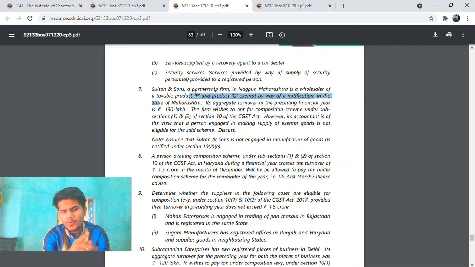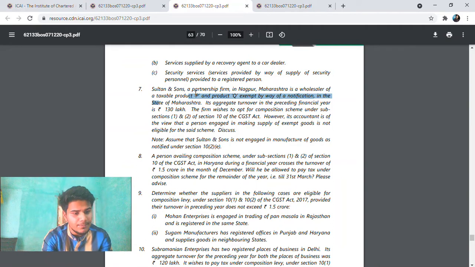First of all, the first condition, which we already all know: a person is eligible to opt for the composite scheme if his aggregate turnover during the preceding financial year is not exceeding 150 lakh rupees, meaning 1.5 crore rupees. Please pay attention: in the registration chapter we take aggregate turnover during the financial year.